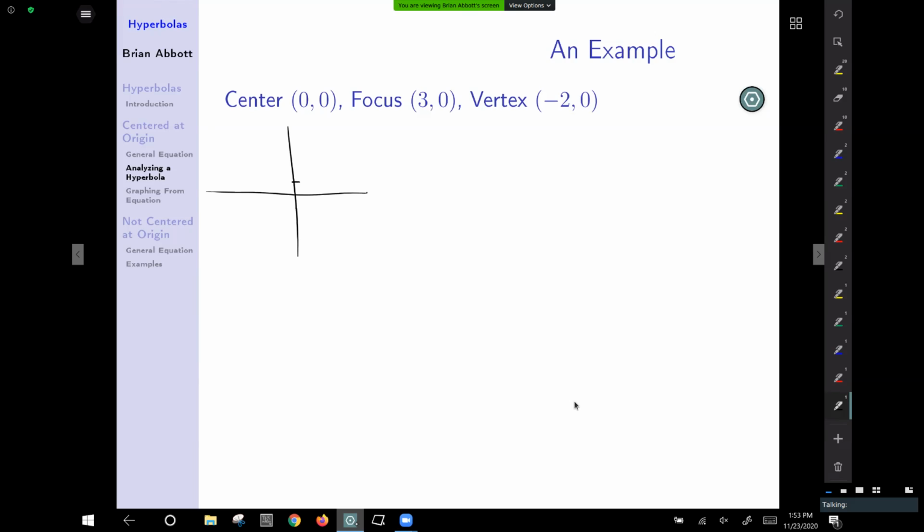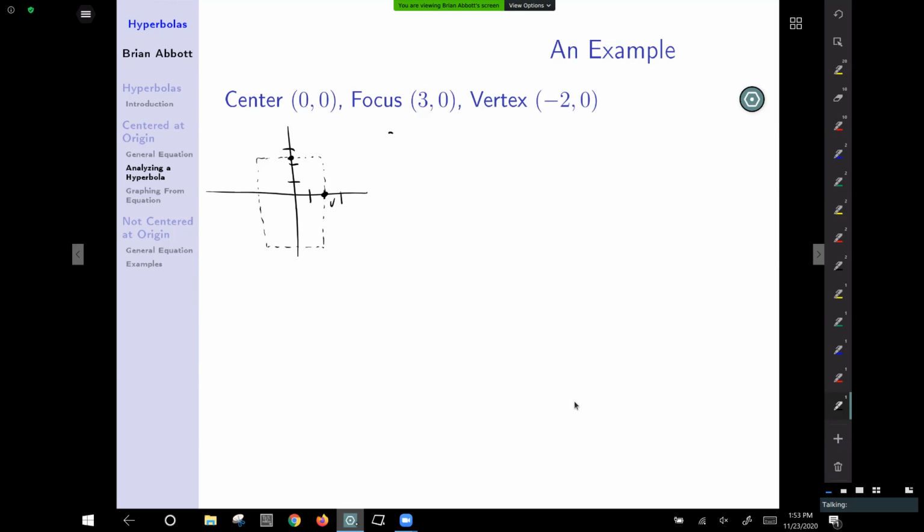So 1, 2, 3 vertical, 1, 2, 3 horizontal, and we've got 2.2 at root 5 there, and then over to, what was it, 2, there we are. There's our box, there's our vertex, and then our box goes over like that. Imagine it's perfectly symmetrical and whatnot.